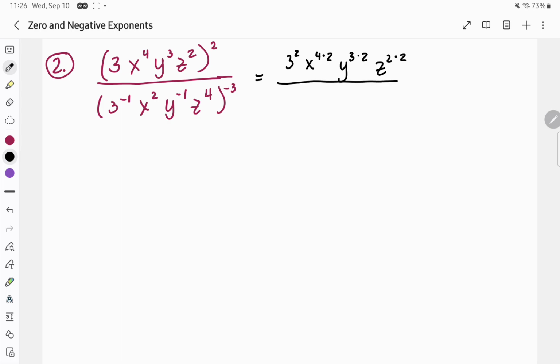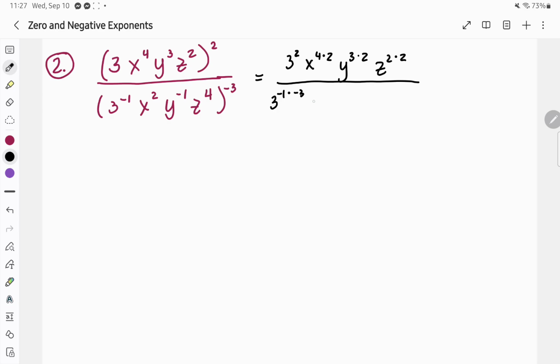All over, ito namang kabila, you will have 3 raised to negative 1 raised to negative 3. Ito po, raised to dito. Then, you'll have x... Ay, hindi. Simplify na ba natin to? Para hindi na, diretso na tayo sa power rule. So, that will be 3 raised to negative 1 times negative 3.